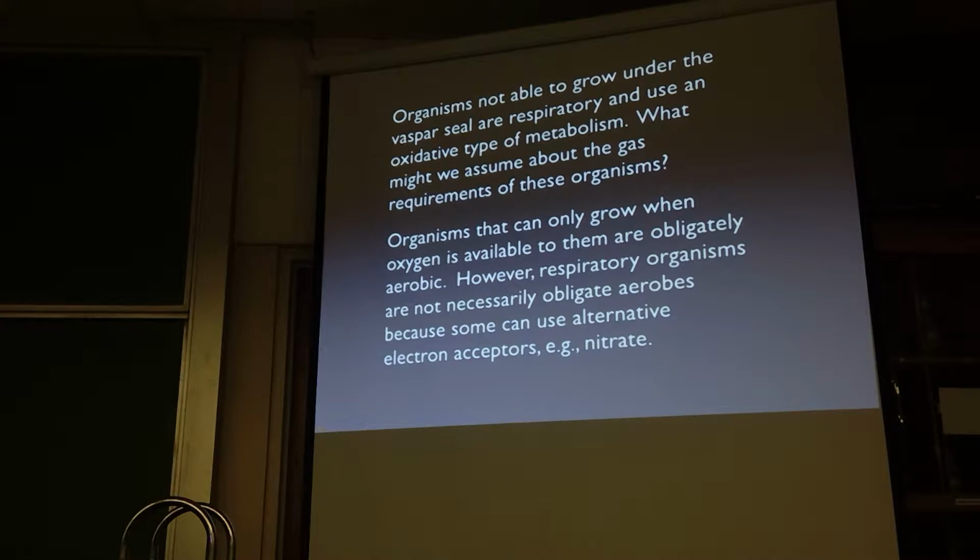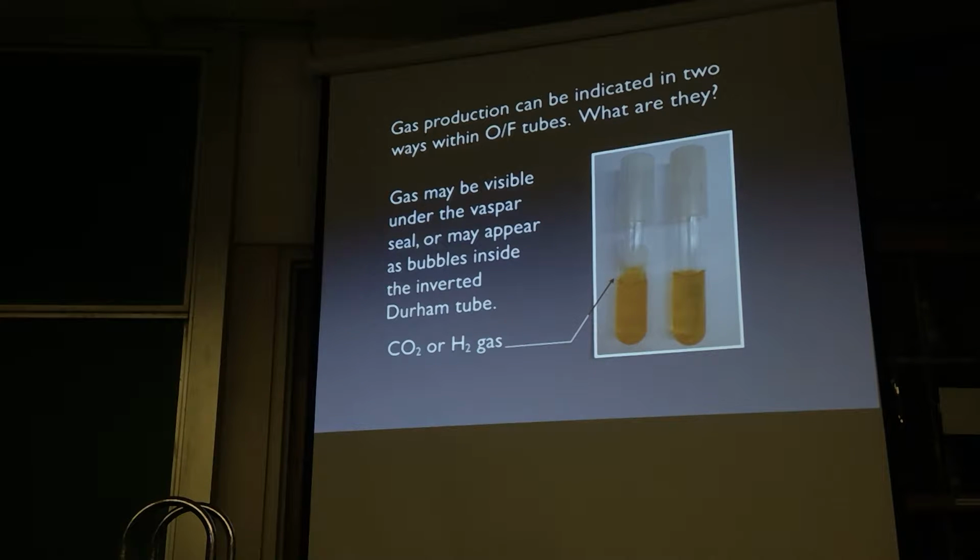So if the organisms can only grow when oxygen is available to them, we say they're obligately aerobic. It is possible that the organisms could be respiratory and not obligate aerobes if they can use something other than oxygen as a final electron acceptor. We can't determine that with the OF test. And then this is just showing you the gas, and again reminding you the gas can either be hydrogen or carbon dioxide. We don't know which.